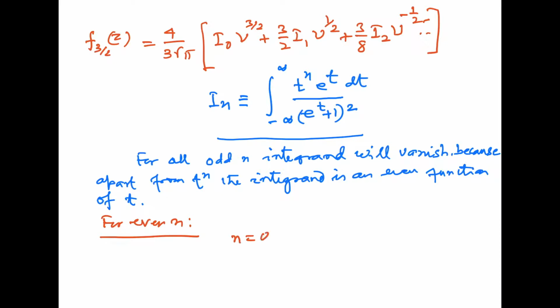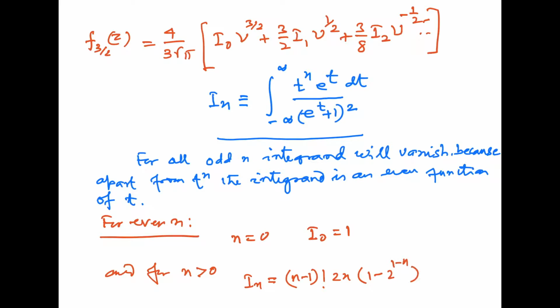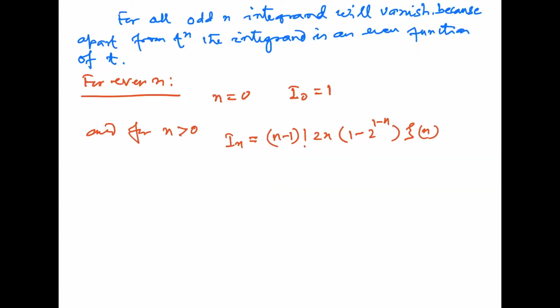When n equal to 0, one can show that I naught will be equal to 1, and for n greater than 0, remember these are all even n, this In is equal to (n minus 1) factorial into 2n into (1 minus 2 to the power 1 minus n) zeta n, where zeta n is the Riemann zeta function.